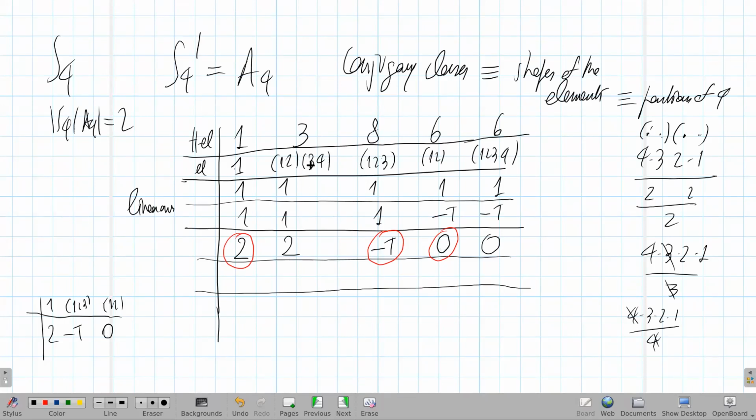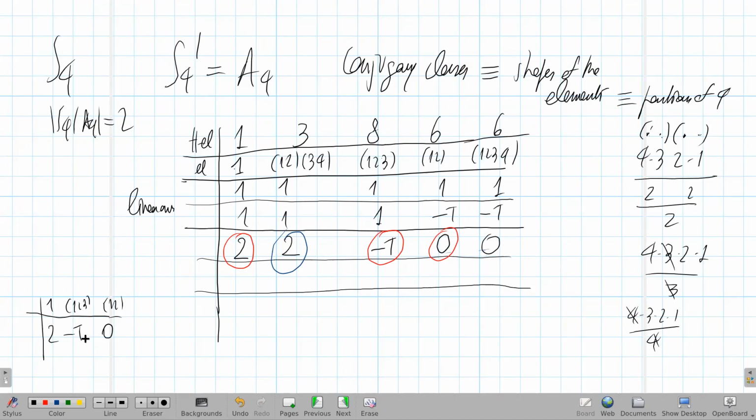So this is an element of H, so this is in the kernel, so the value will be the same as 1. And this element is not in the kernel, and it's easy to see that in the quotient it goes over (1 2), an element of order 2. So the value has to be the same as this.